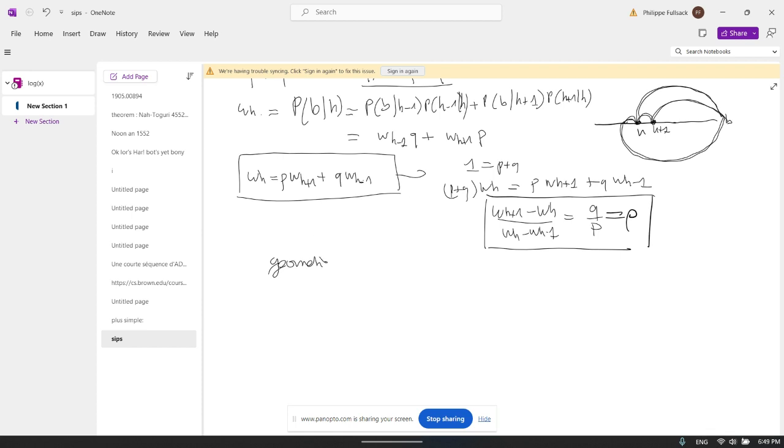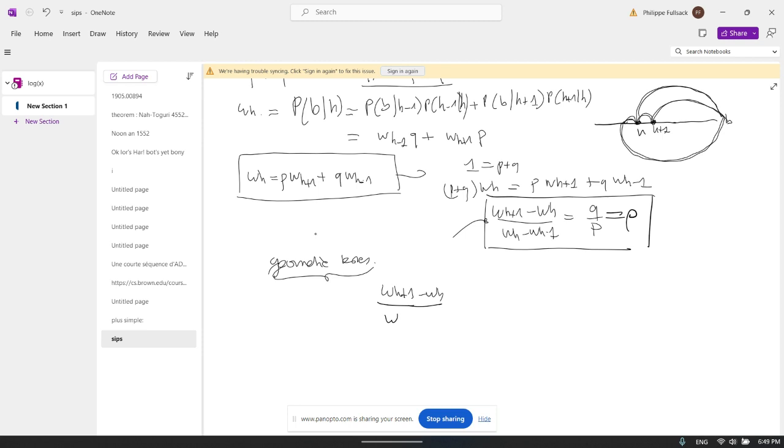And so what I discover is that actually there is a geometric series for everything. So using that relation here, I can easily calculate, for example, WH plus 1 minus WH.